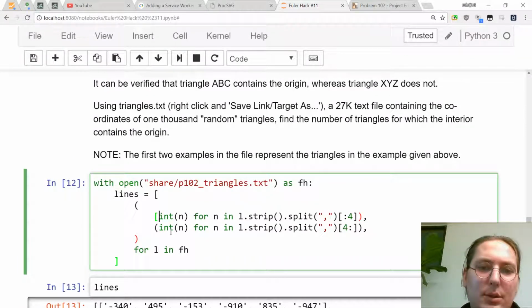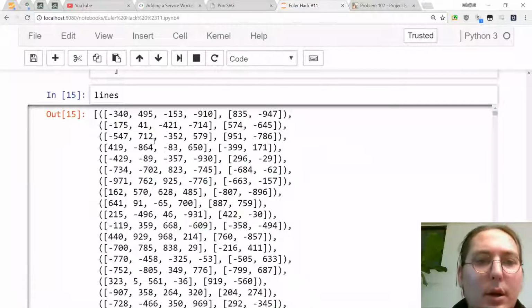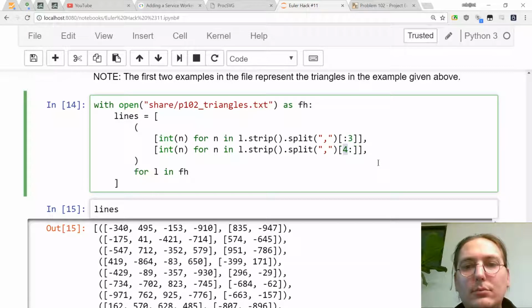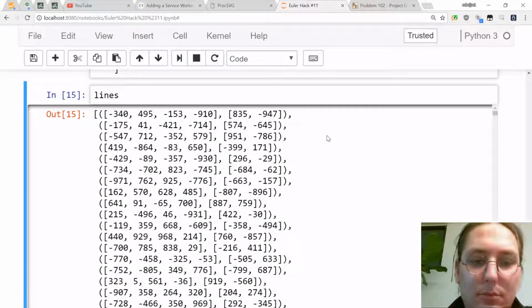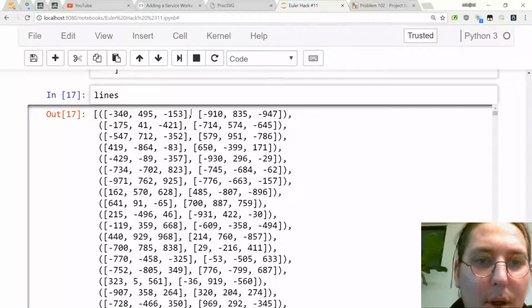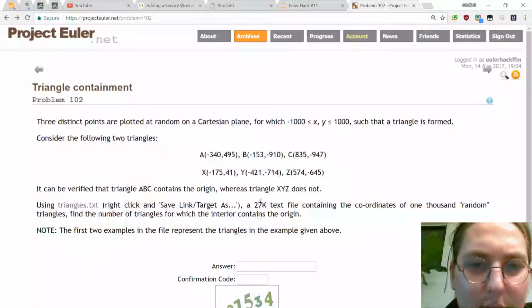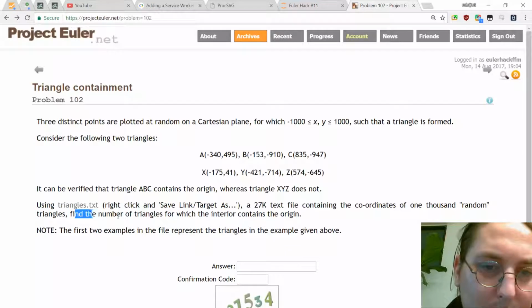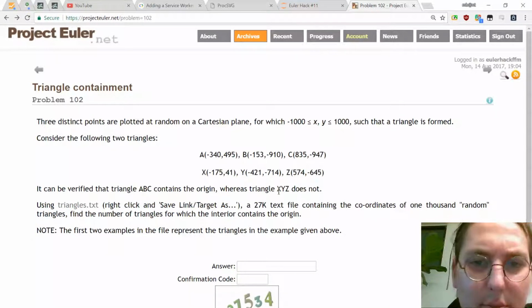I think we do this. I guess I did the wrong. Is that what they said the structure is? Containing coordinates of 1000. Find the number of terms which. Oh no, it's just.